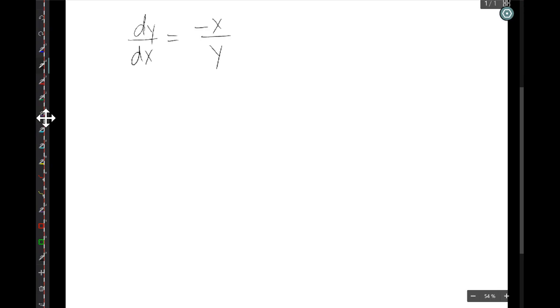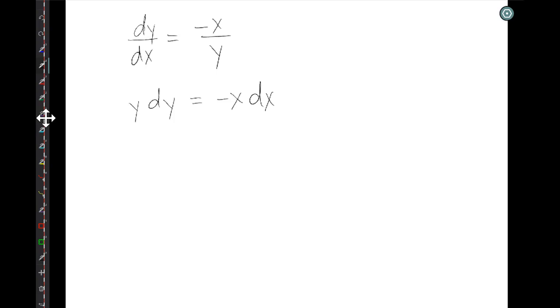We can remember when we were working with Mr. Body, who killed him, we talked about separable differential equations. So I'm going to multiply both sides by y dx, and I'm going to end up with y dy is equal to negative x dx. So this is a separable differential equation.